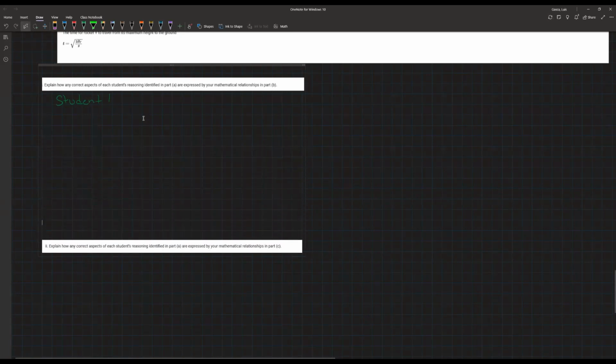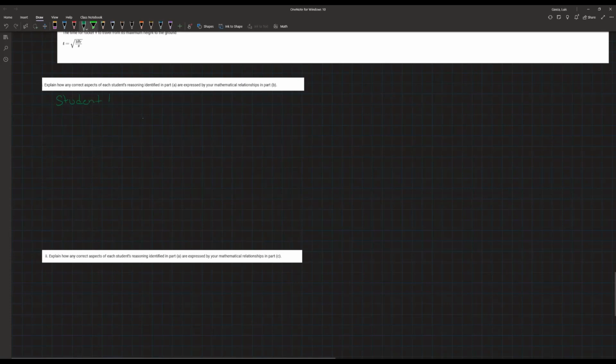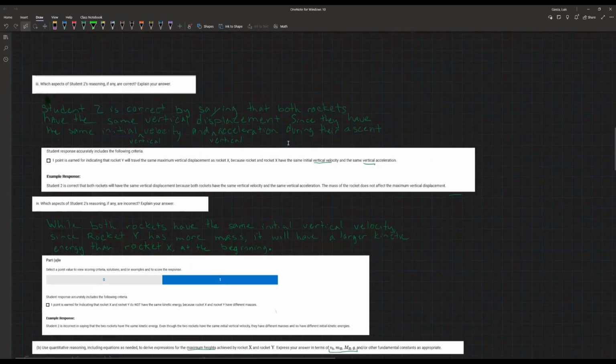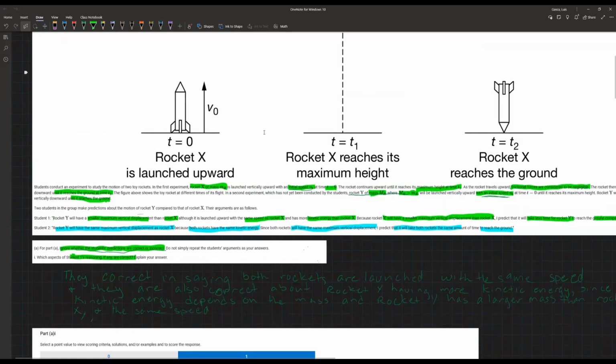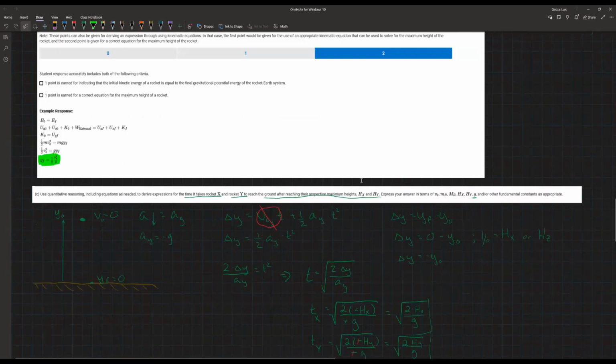Student 1, what did student 1 already say? Smaller vertical displacement, same speed, more kinetic energy. It will have, I predict that it will take less time.